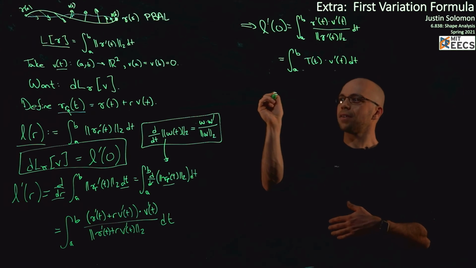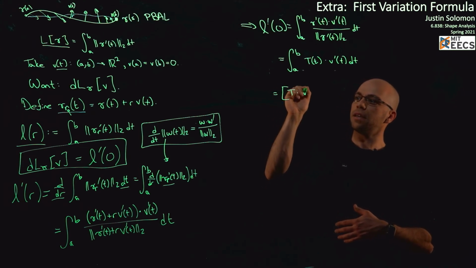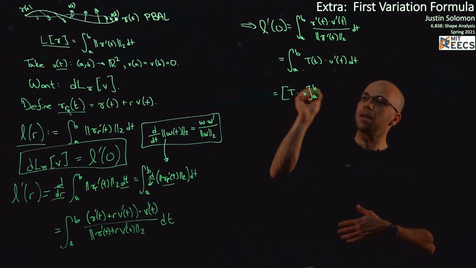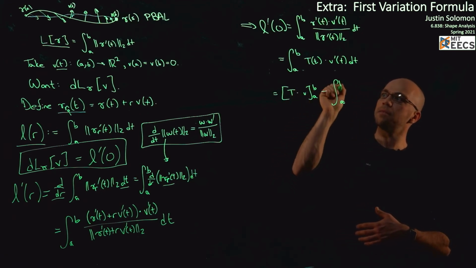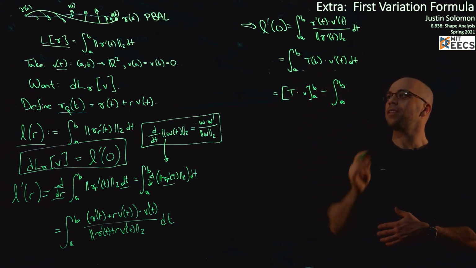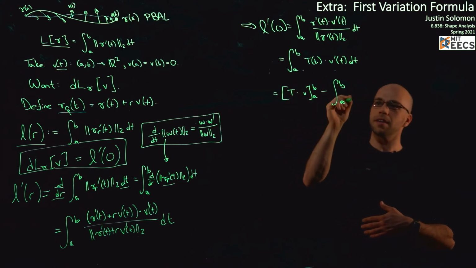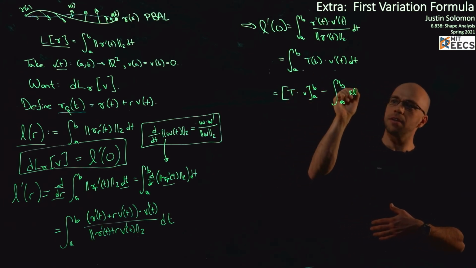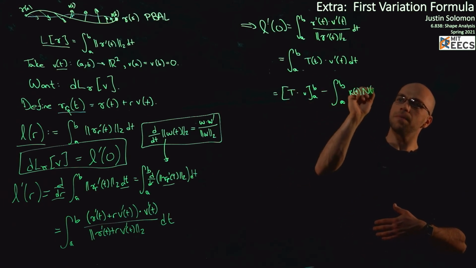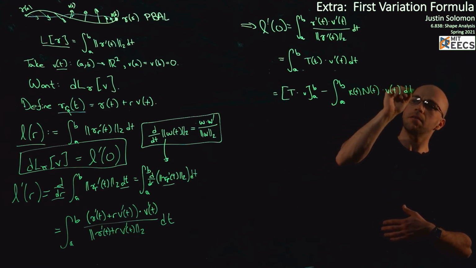Well, we have the boundary term, which is going to look like T dot v, evaluated at a and b, minus the integral from a to b of the derivative of the unit tangent with respect to t. Remember that our curve is parameterized by arc length, so that's just the curvature times the normal dot product v, like that.